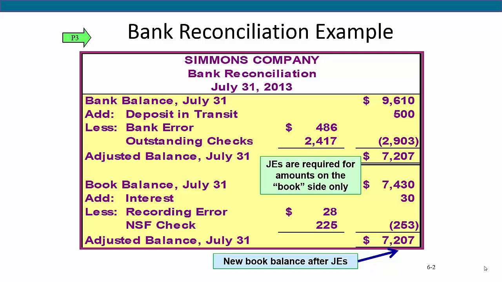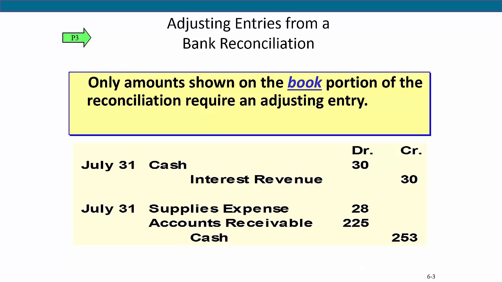It's important to remember that only the items reconciling the book balance require adjustment. First, we debit cash and credit interest revenue for the amount of interest earned in item number 4. Second, we debit supplies expense and accounts receivable and credit cash. The debit to supplies expense is to correct the error we made earlier in item 5.